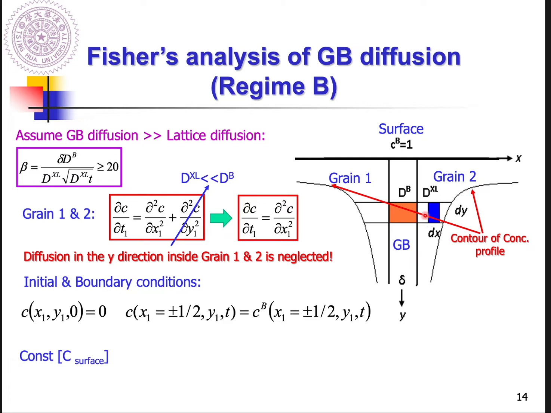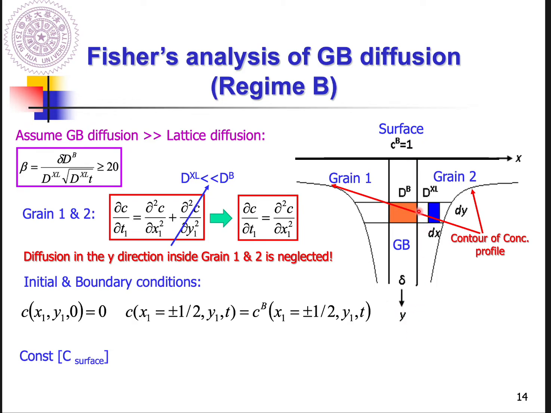And don't forget, the diffusion along the grain boundary is the diffusion source diffusing through the grain boundary, so this region has higher concentration and it decreases along this direction.